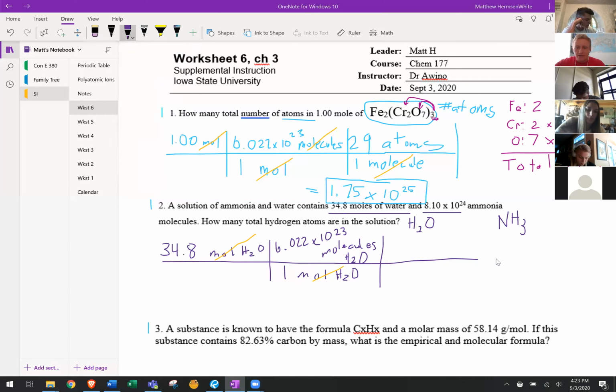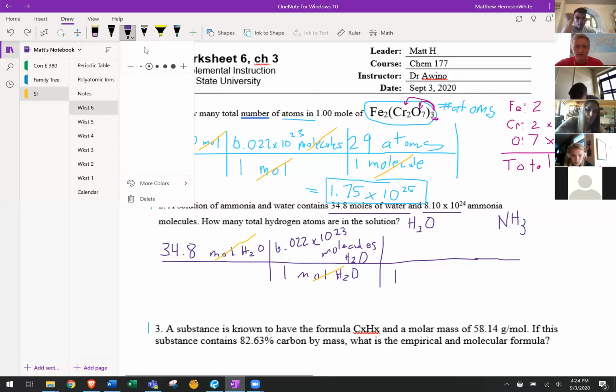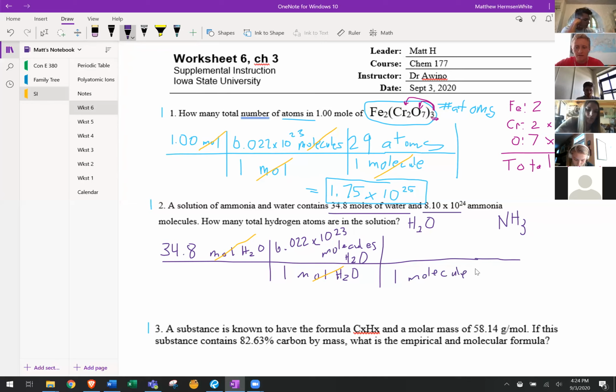And so now we have molecules of water, but we don't want molecules of water, we want hydrogen atoms. So take the unit that's on top and write that on the bottom. So 1 molecule of H2O. And on the top, we want to put hydrogen atoms. I wrote H atoms there for hydrogen.